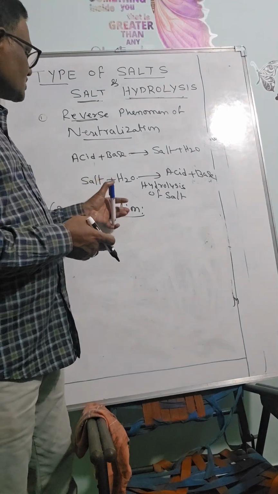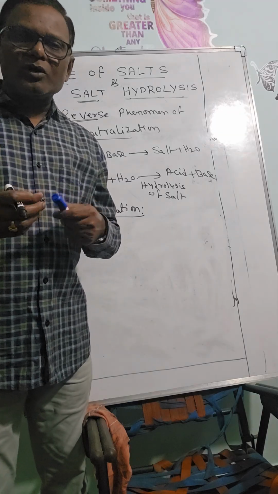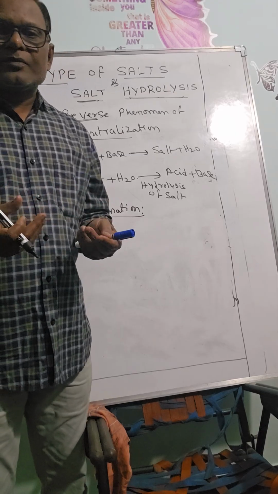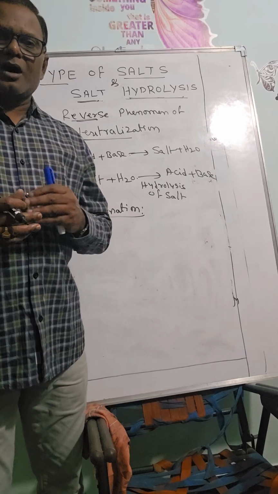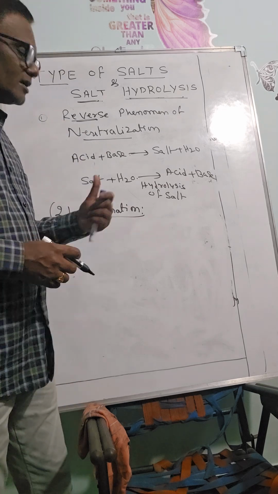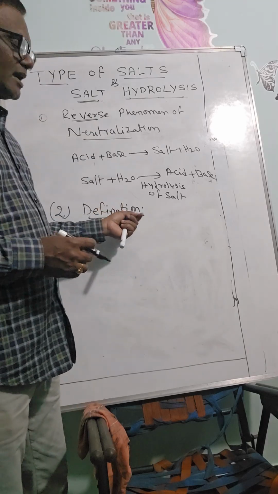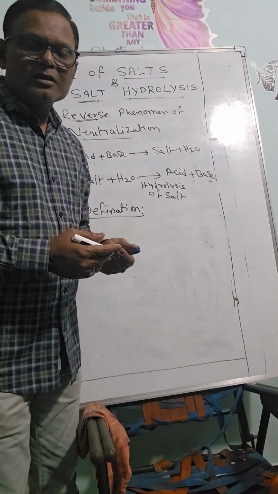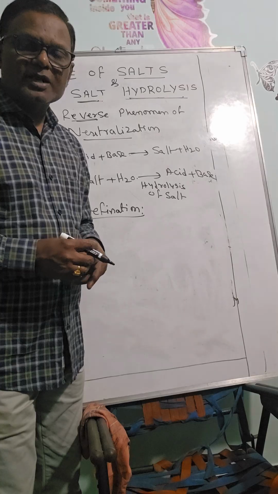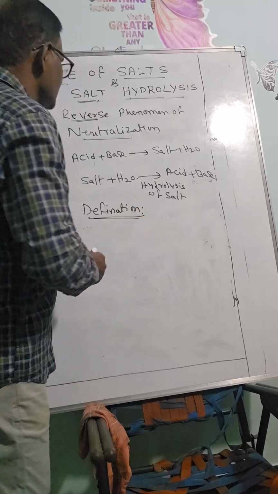Hydrolysis of salts means either the cation or the anion or both ions react with water to form an acidic solution or a basic solution or even a neutral solution. Once again, children, that is called the hydrolysis of salts.